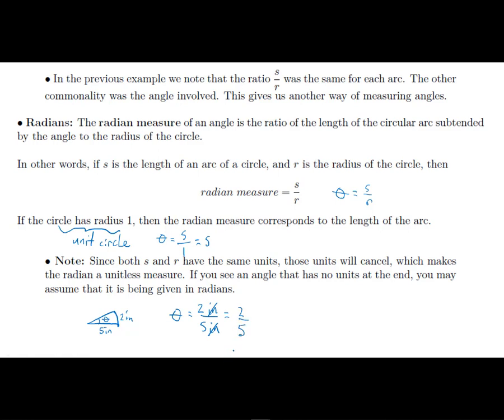So since there are no units left after I cancel, we see that radian measure is actually a unitless measure. So while your math teachers are usually harping on you to always include units with your answers, right? If your answer is in yards, make sure you put yards, that sort of thing. When you're asked for a radian measure of an angle, it's actually proper to leave the units off. And the one exception is that even though it's not a real unit, what some people will do is they'll go ahead and write RAD for radians.